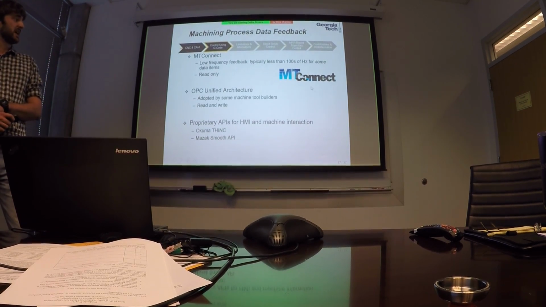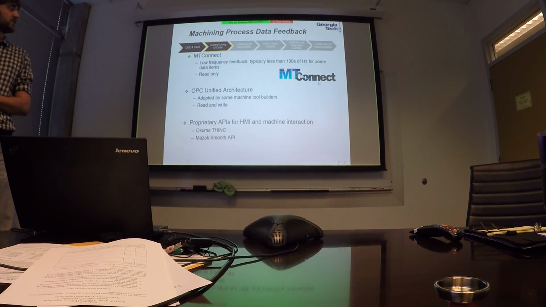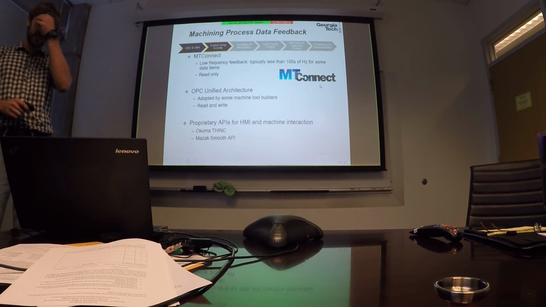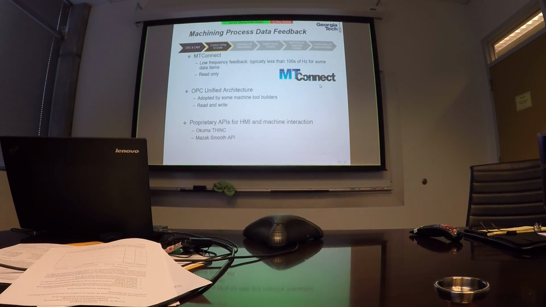So last note here is about data feedback. I mentioned MTConnect as a way of feeding back data from the machine. MTConnect is an open standard that is a read-only way to get process data from the CNC.